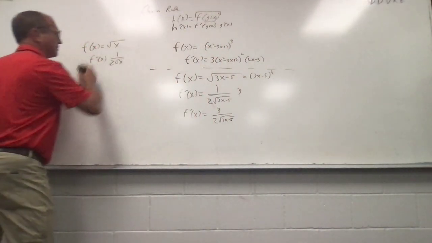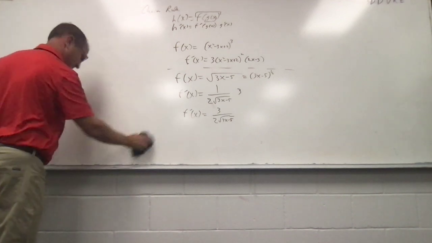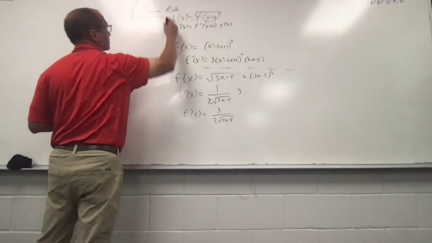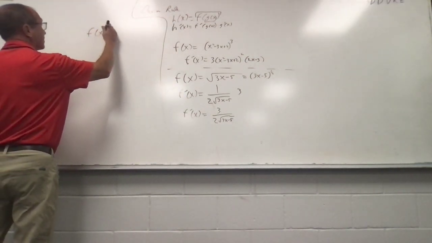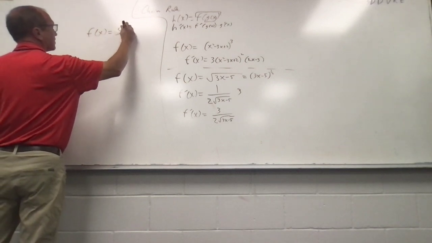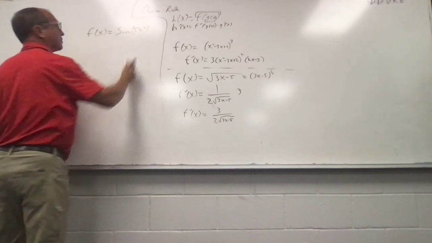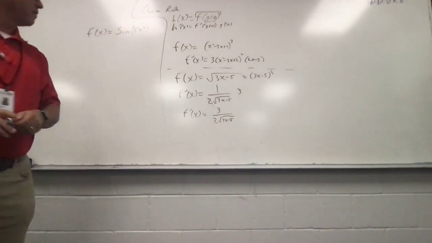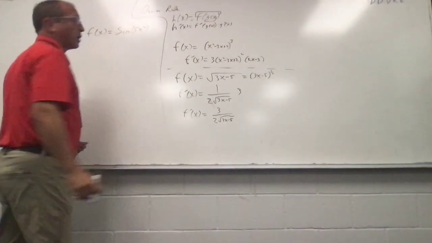All right, can I erase this? Well, it's still chain rule. All right, so we've got f of x equals the sine of 5x squared.